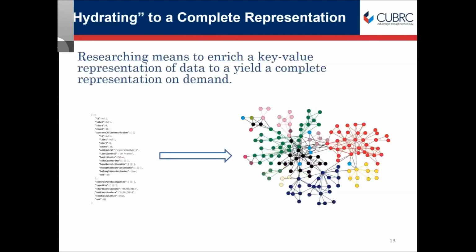Now, why bother doing that? Well, the thought is that it's the graph format that is much more easily linked to other graphs. So if I hydrate my product information and Torvald hydrates their design information, then those hydrated versions will be much more easily linked, shared, and connected than the key value representation.